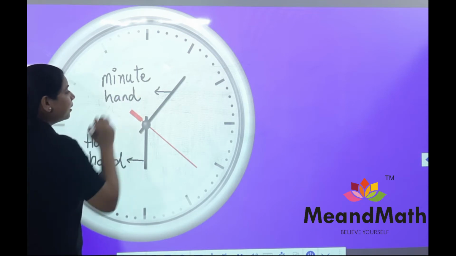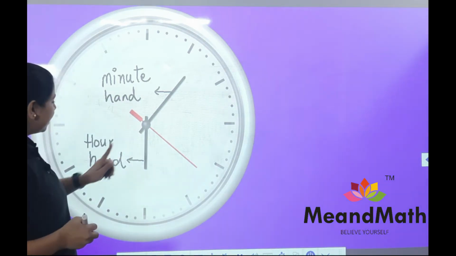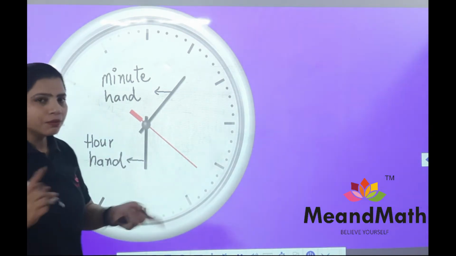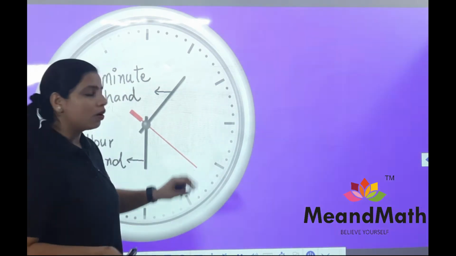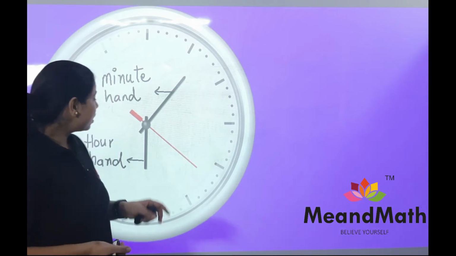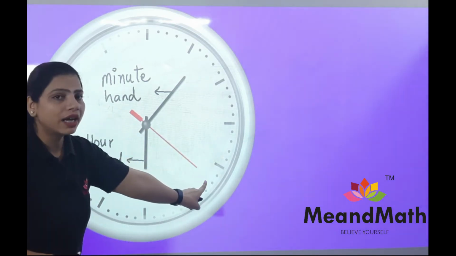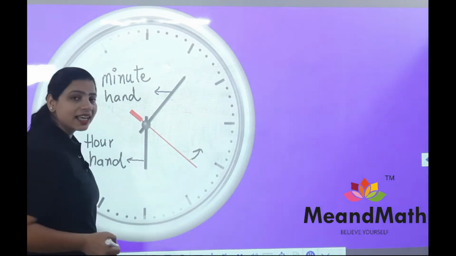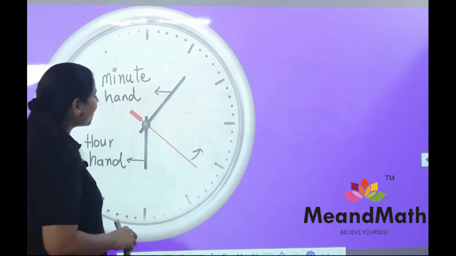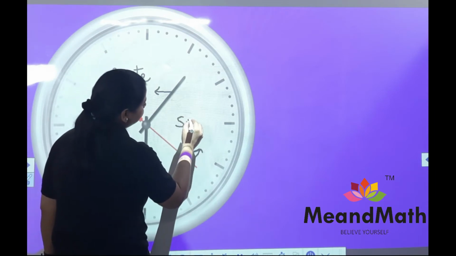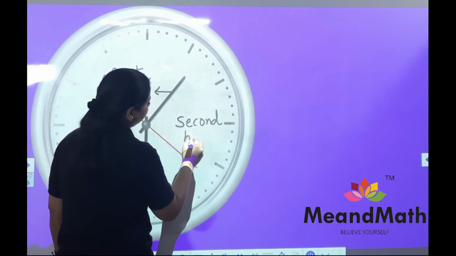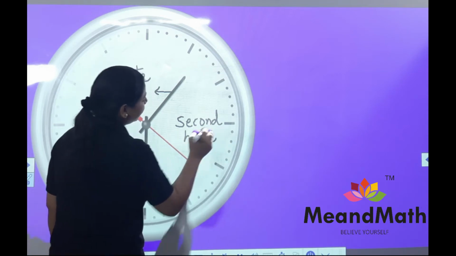The hour hand is the shortest one and the minute hand comes between the hour hand and the longest one. We have no idea what this longest one is called. Okay, let's see. The longest and the thinnest one is called the second hand.